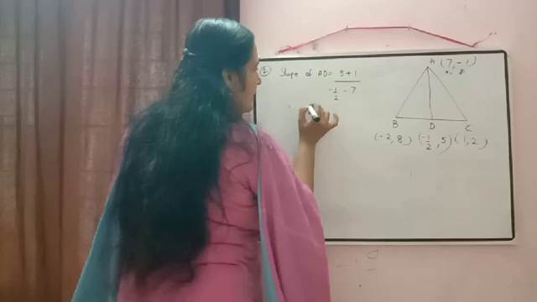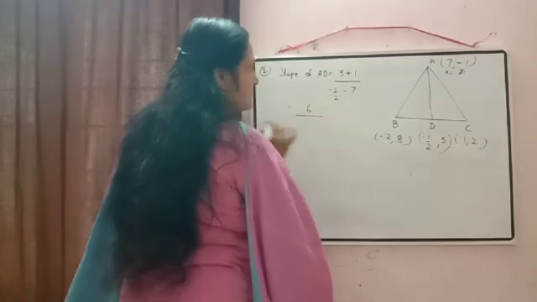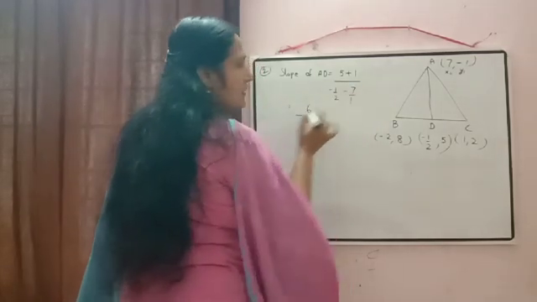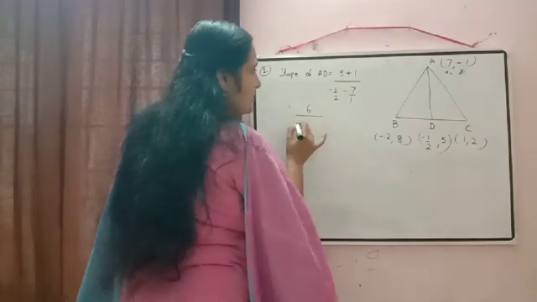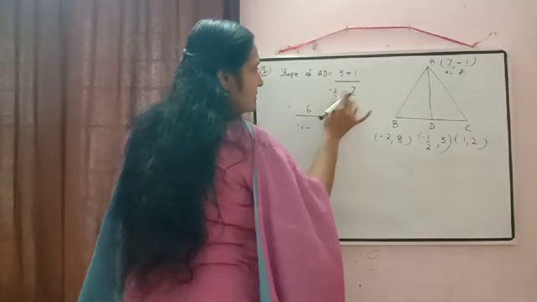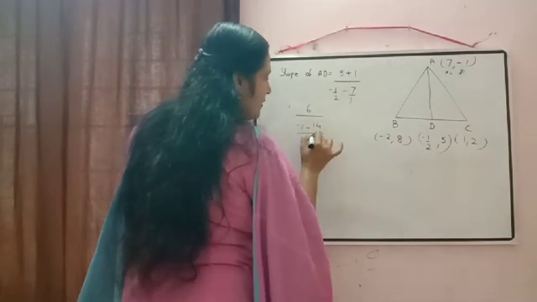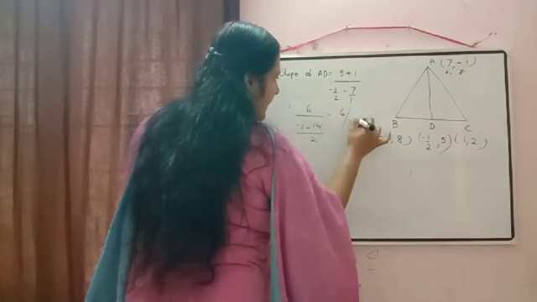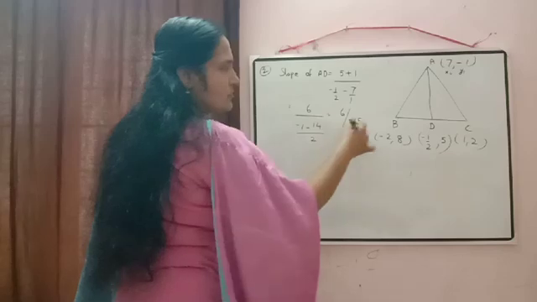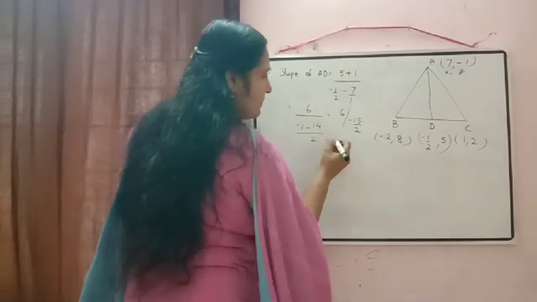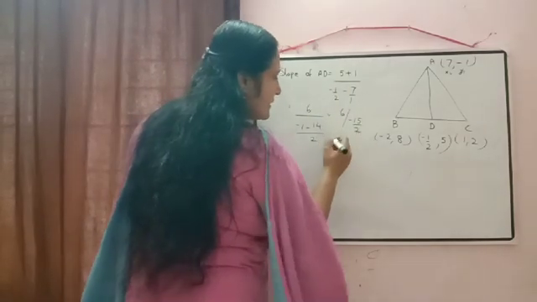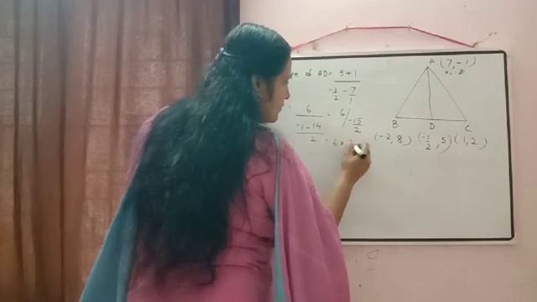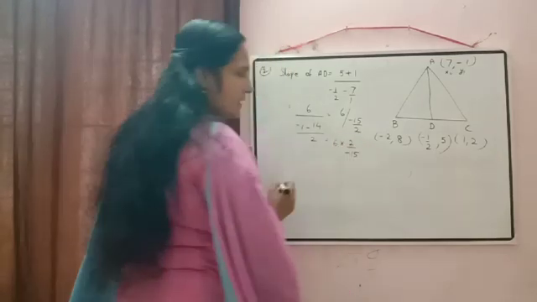Now we will simplify it. 5 plus 1 will be 6 by, here we can do the cross multiplication, then we will get minus 1 minus 14 by 2. So we are getting 6 divided by minus 15 by 2. When you change the division into multiplication, we have to take the reciprocal. So we will get 6 into 2 by minus 15.